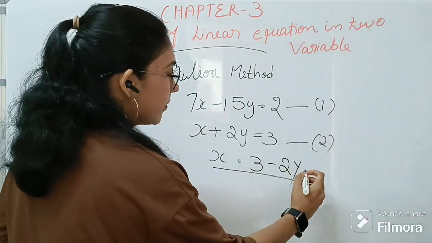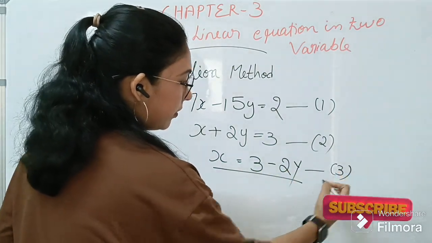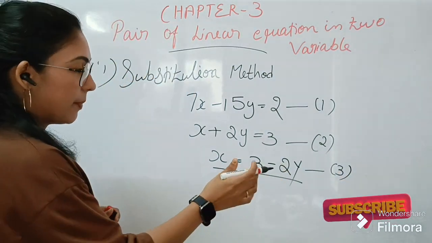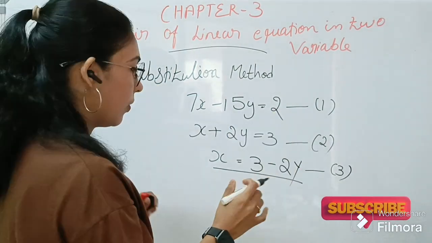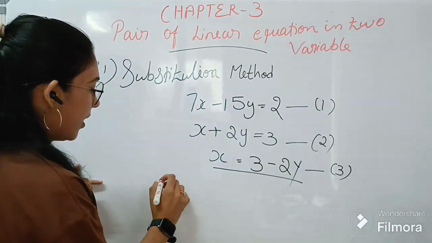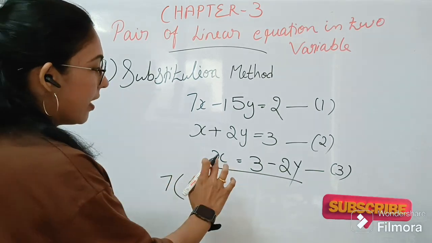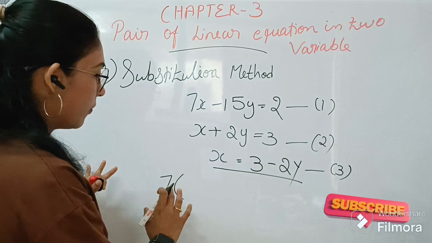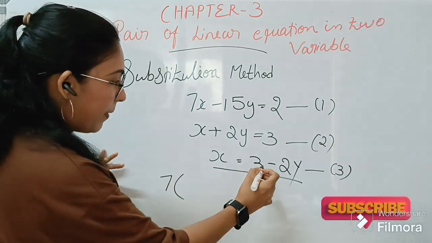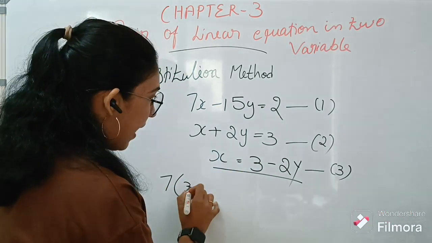and this is equation number 3, and substitute equation 3 in equation 1. Okay, so what we get? 7 times, listen carefully, here x is 3 minus 2y, so we have to place this value inside the bracket.